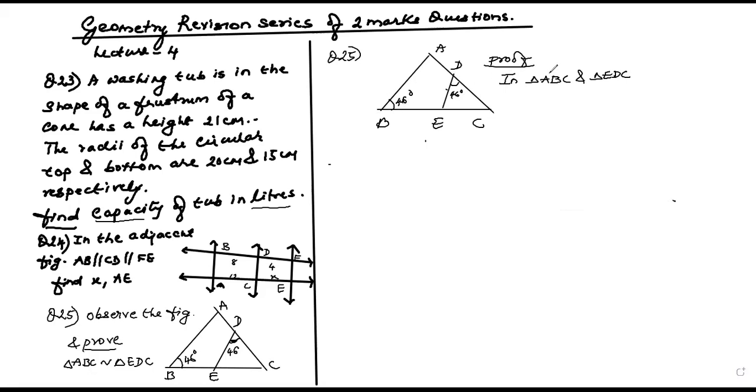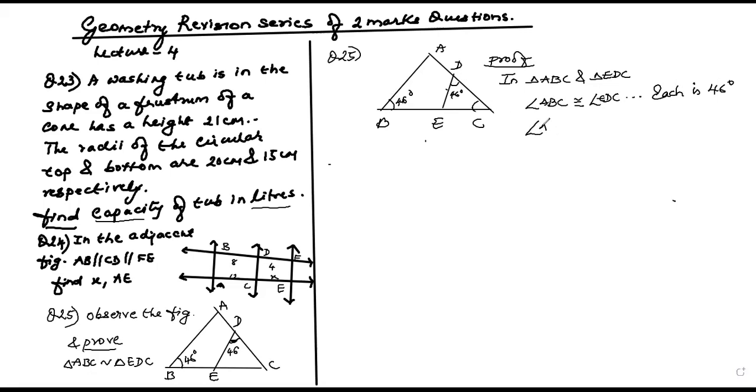You can see here, children, angle ABC is 46 degrees, and angle EDC is 46 degrees. So angle ABC is congruent to angle EDC, each is 46 degrees. Then you can see here, children, angle C is a common angle.